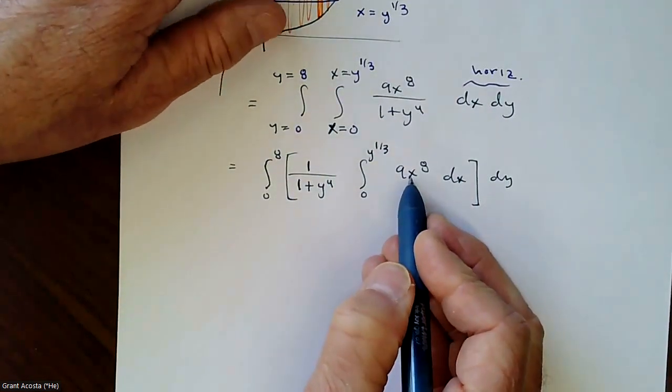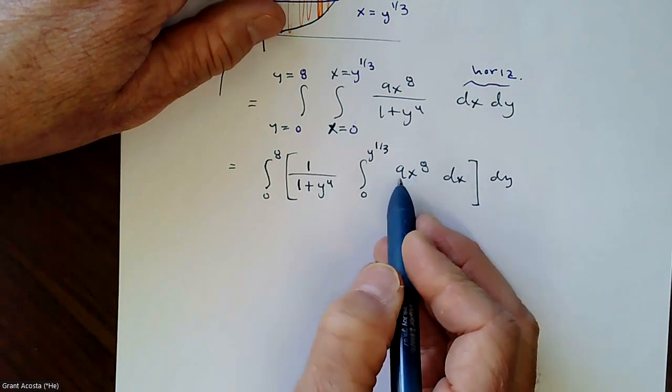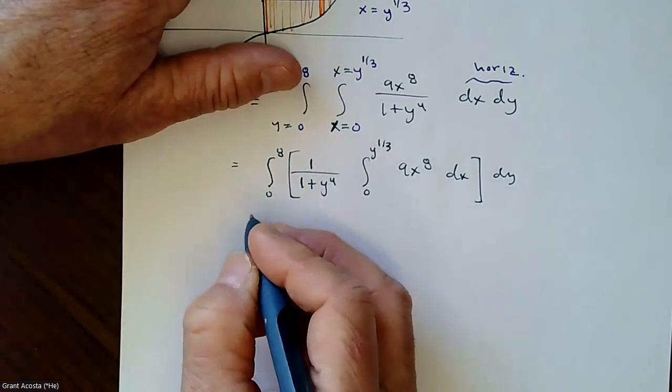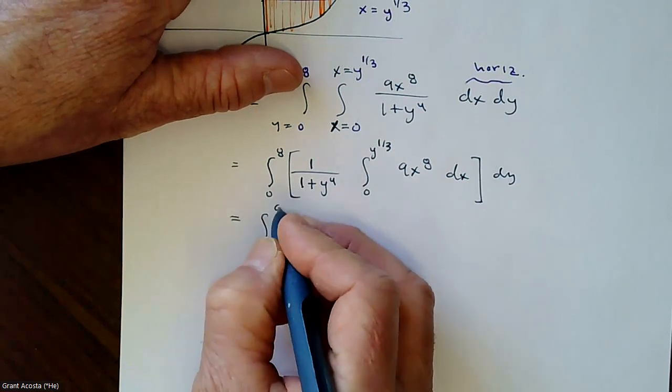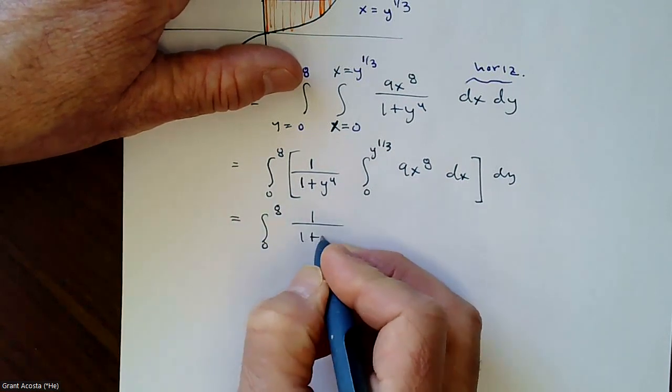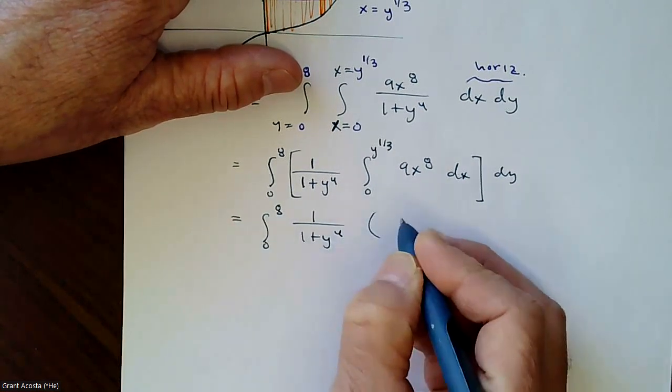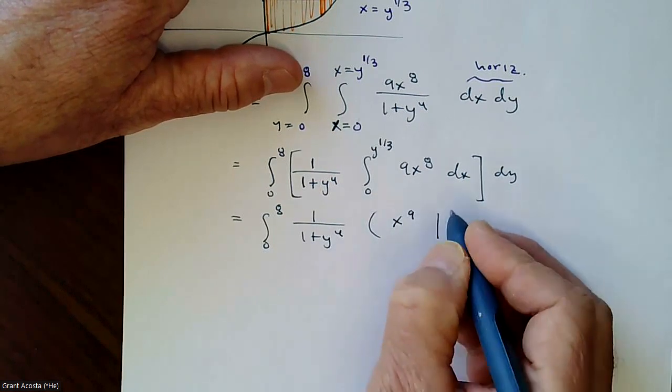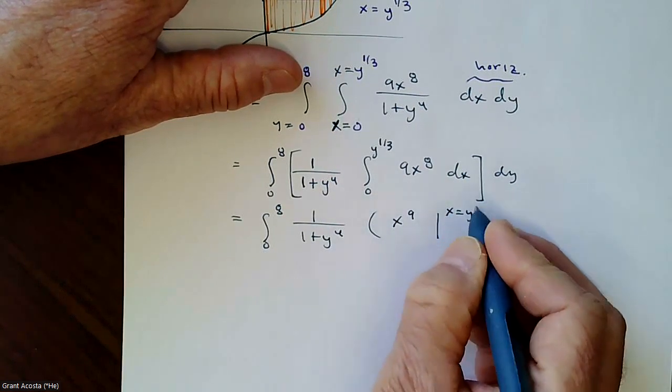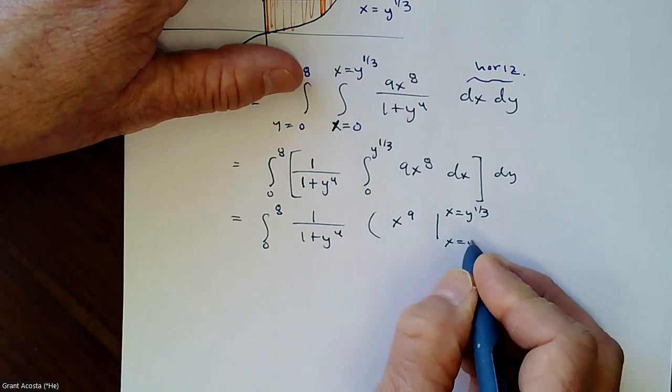And the antiderivative of that is 9x to the 9th over 9, so it's just x to the 9th. Evaluated from x equals y to the 1/3 to x equals 0.